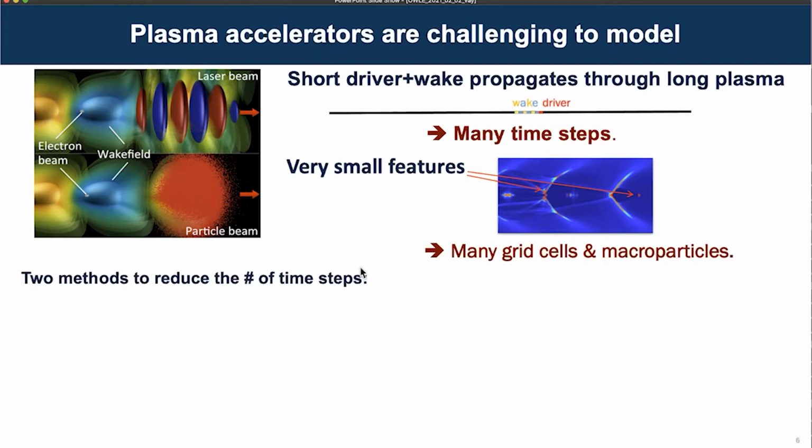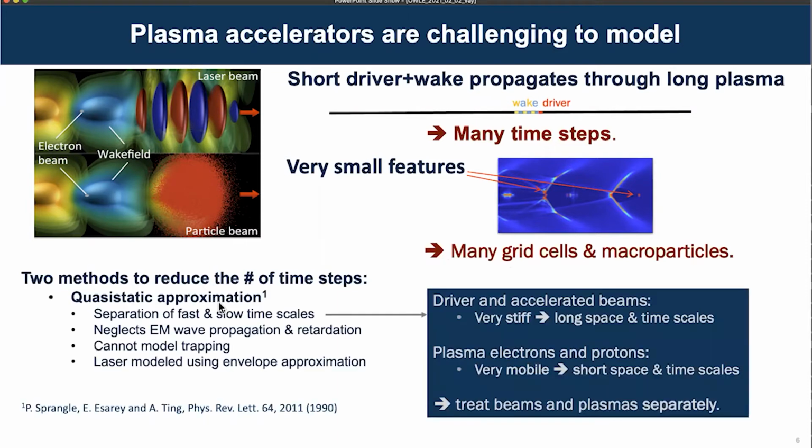So there are two methods that have been developed to reduce the number of time steps in particular. The first one, the oldest one, is the quasi-static approximation that works on separation of fast and slow moving scales. The driver, whether the laser or the particle beam, is very stiff, and so with long space and time scales, you can push it less often with a large time step.